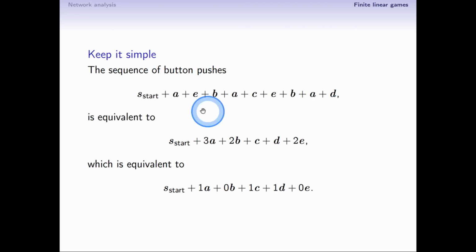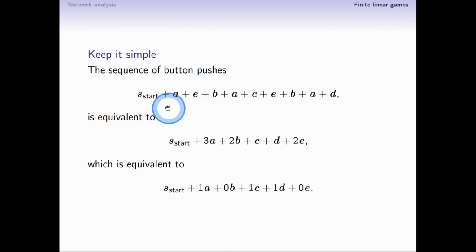But now we stare at this and we know that this set of additions is commutative. So what I can effectively do is take all of the A's, there are 3 of them, and imagine doing them first. Then I can take the B's, and there are 2 of them, and I can imagine doing them next. Then I can take the C, and then the D, and then finally the 2 E's.